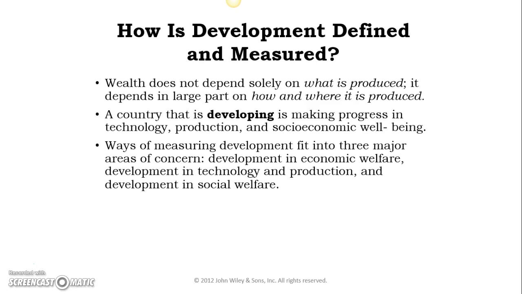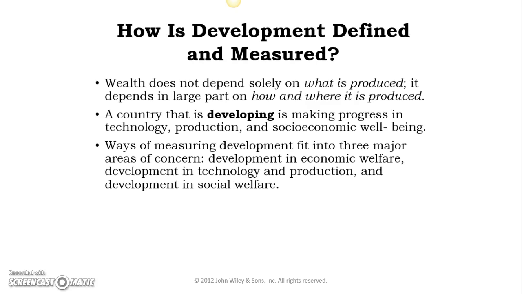But there's this whole middle category that we haven't really talked about a whole lot, and that's countries that are developing. Countries that are developing are making progress in terms of technology, in developing it, using it, getting people access to it.